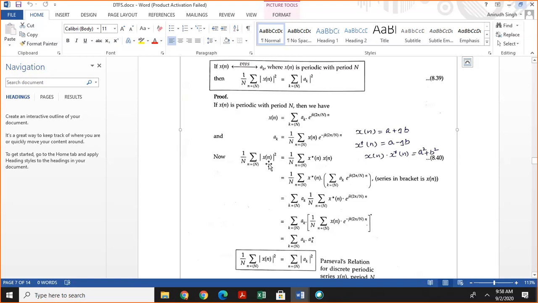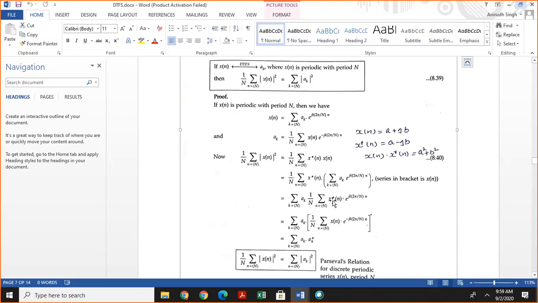So the square of mod of x of n is replaced by this, and if we replace x of n by summation a_k exponential jk omega n and take summation a_k out of this expression, we get this expression.